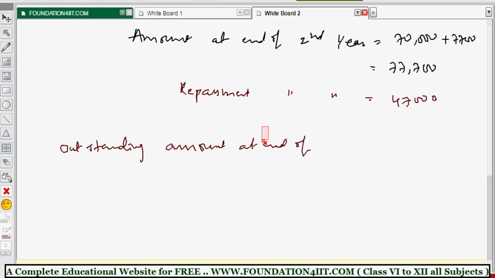So amount at the end of the second year we got, in this repayment is done, then outstanding amount at the beginning of the third year.